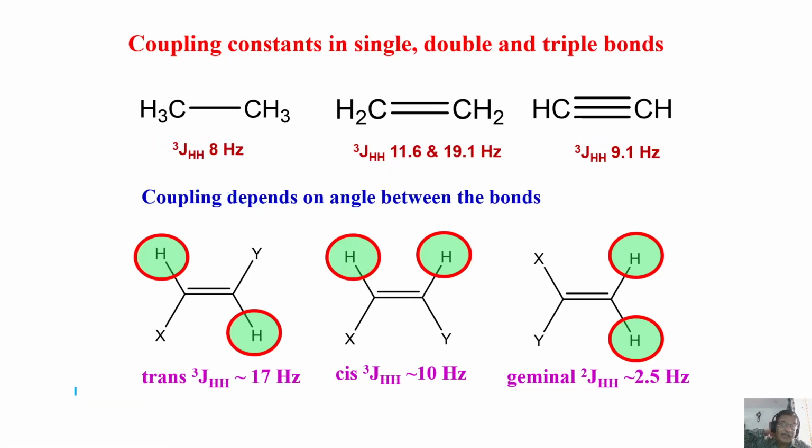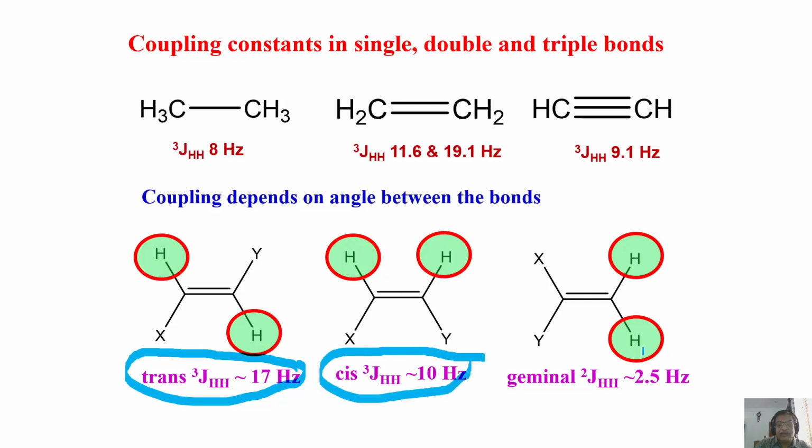What happens is, the coupling depends on the angle between the bonds. In this case, it's a trans coupling. Trans coupling is quite large, you see, 17 hertz, 3 bond coupling, 1, 2 and 3 bond coupling. This is called vicinal coupling. And this is also 3 bond vicinal coupling, but this is cis. Cis coupling is smaller than trans.